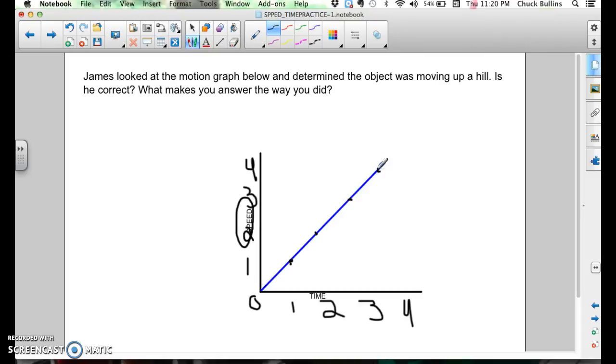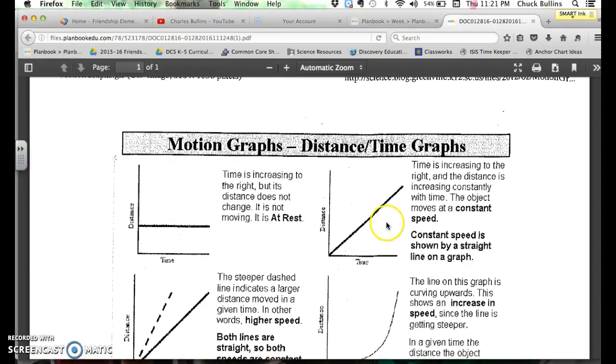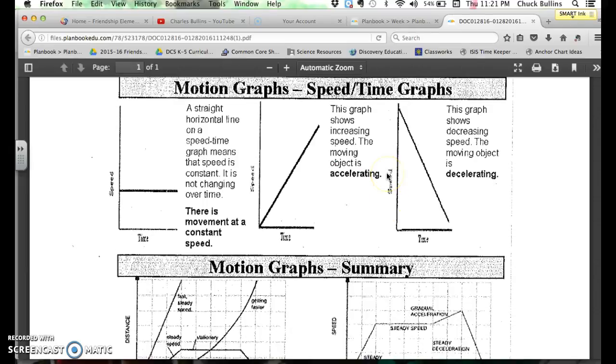It seems like as time goes by, this object is increasing in its speed. It's speeding up. We don't say speeding up anymore. We're going to call this acceleration. This is accelerating.